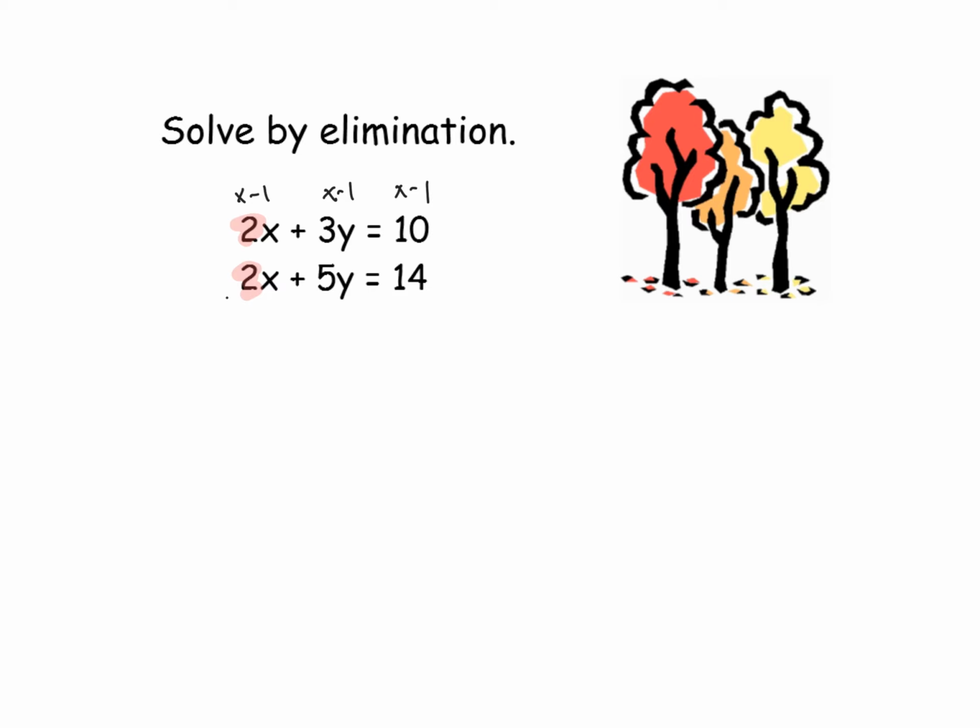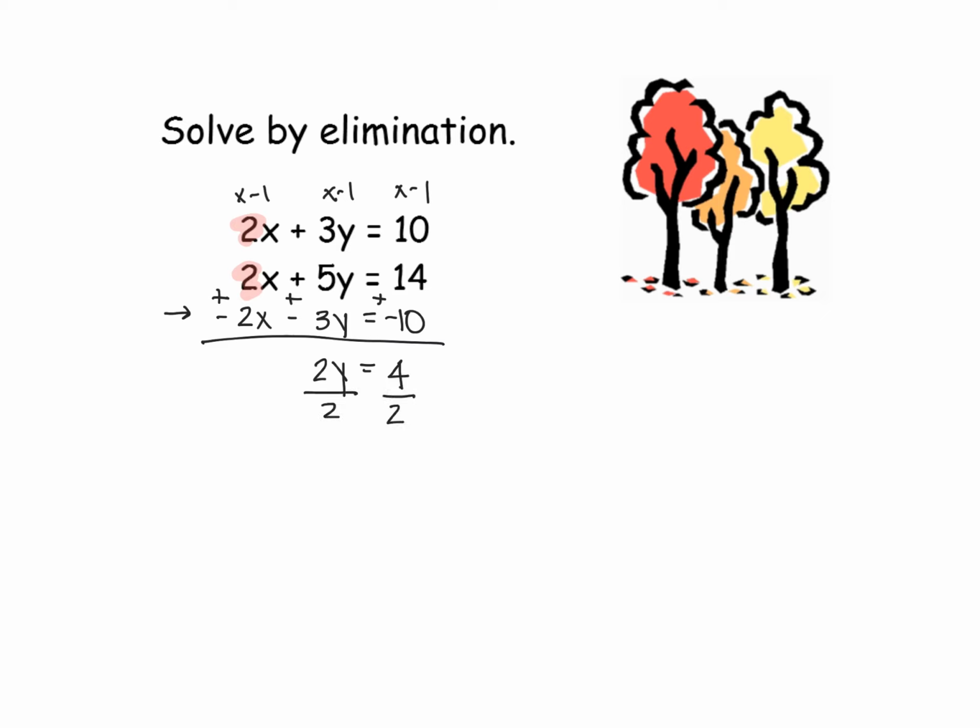So if I multiply the top equation by -1 and rewrite it right here, I would have -2x minus 3y equals -10. From there, I'm going to add the columns. My x's cancel out. I have 5 plus -3y equals 2y. And I have 14 plus -10, which is 4.